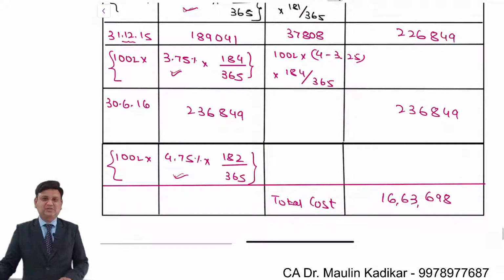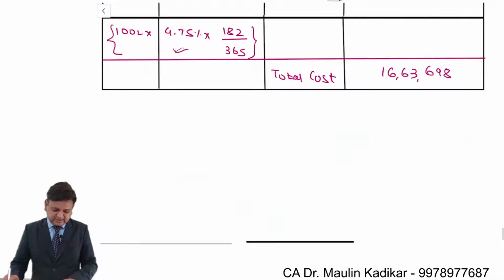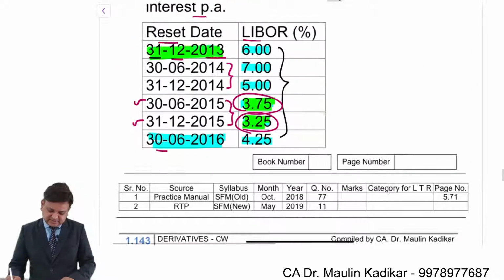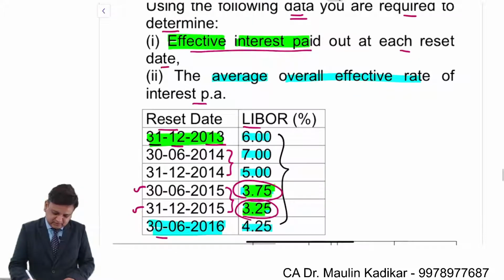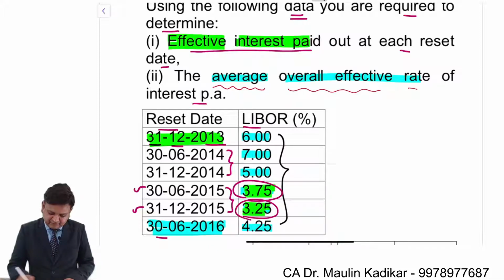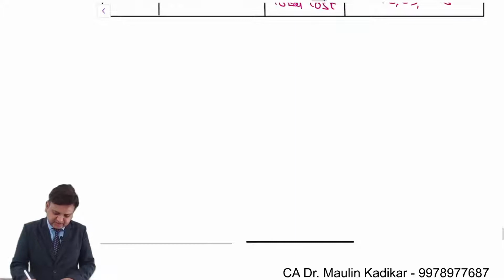This is the total cost. So let us move on to the further answer. The further question says: calculate the average overall effective rate of interest per annum. That is the question. So let us answer the second question.